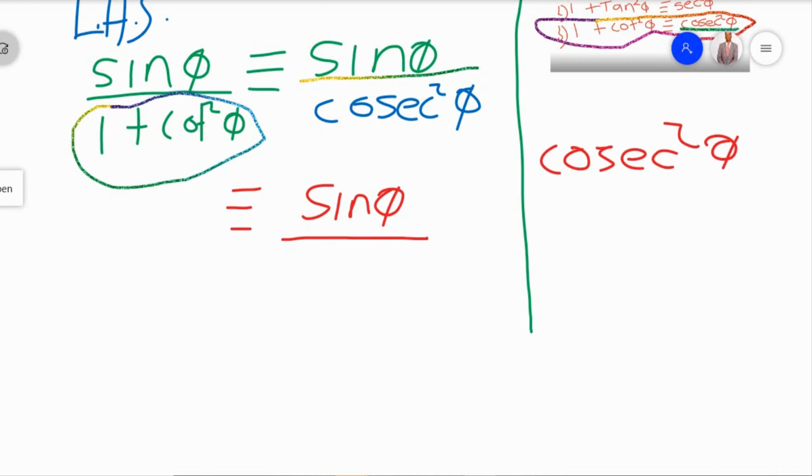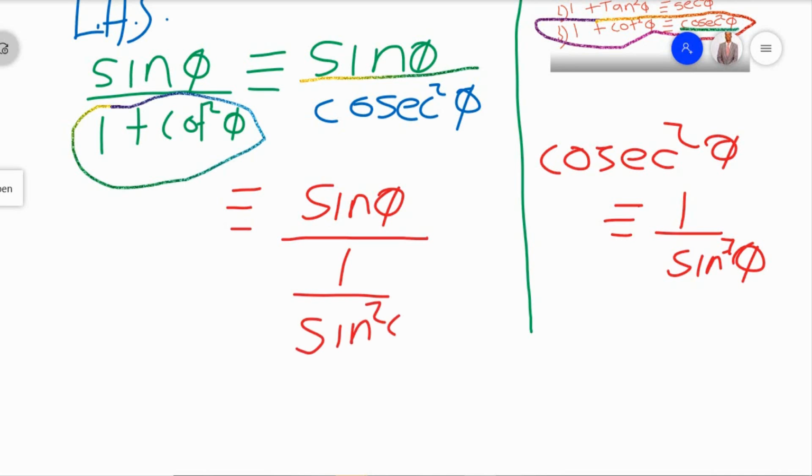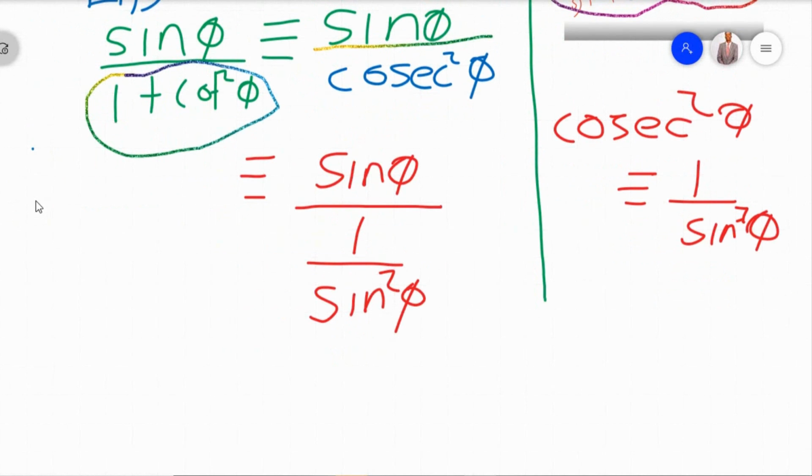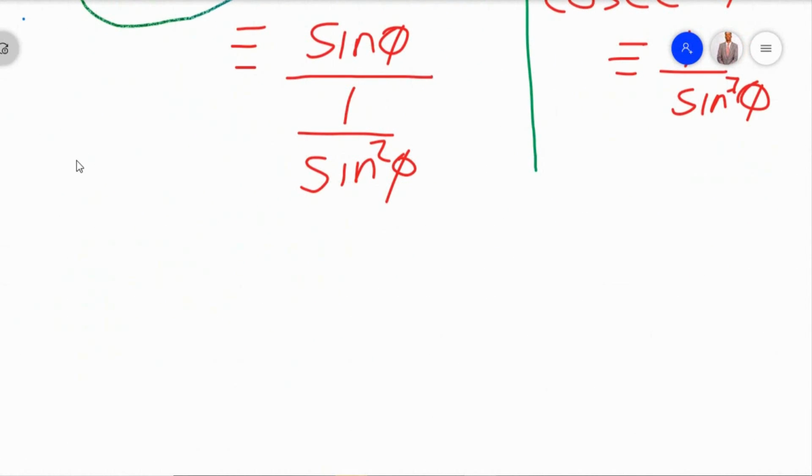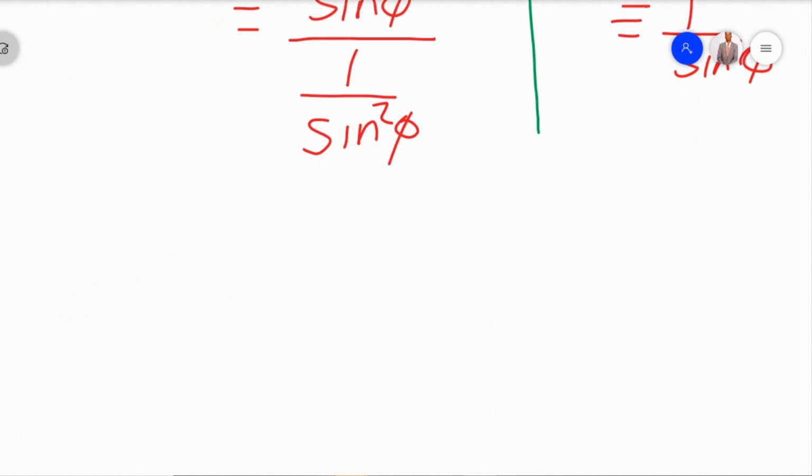From the standard identities, we know that cosecant squared theta is exactly equal to 1 over sine squared theta. I can now substitute 1 over sine squared theta, which is exactly identical.